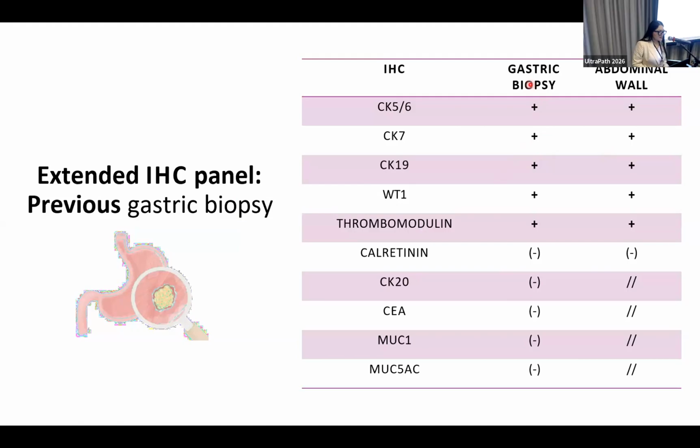In the initial gastric biopsy, we also performed the same immunomarkers, but we added some others: cytokeratin 20, CDX2, and others, because we wanted to demonstrate that a gastric adenocarcinoma was not an option.